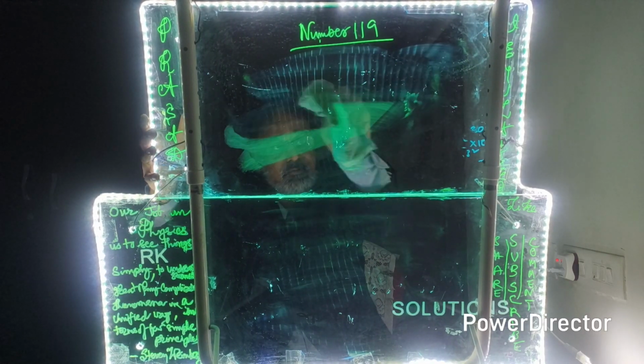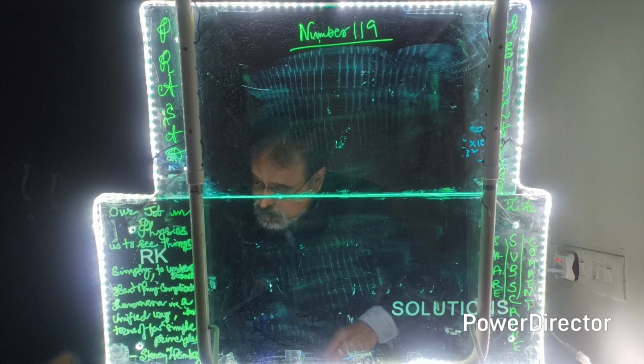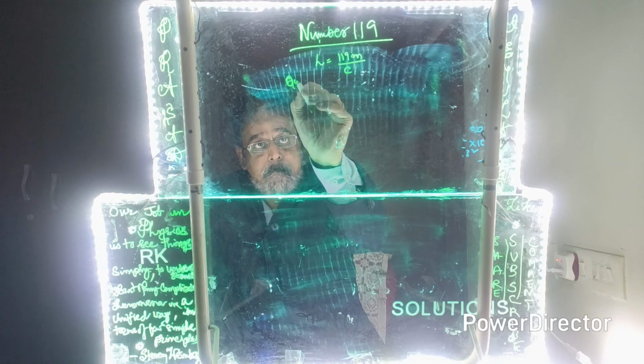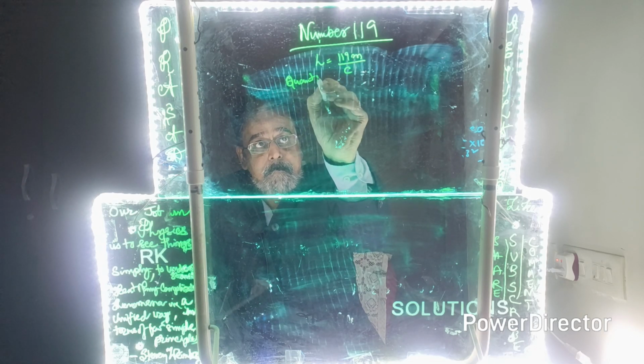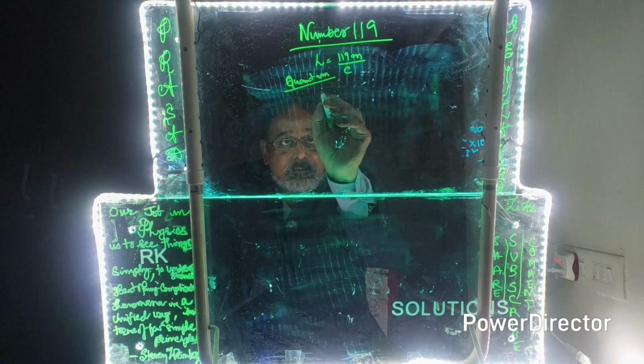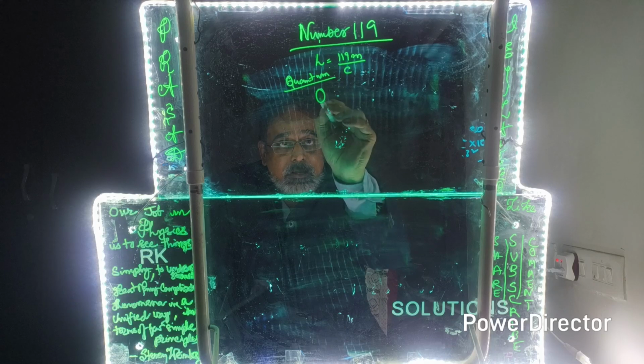Of course, you all know the importance of Planck's constant. Planck's constant is the one which gives me h equal to 119 in my terms, as I will explain. Planck's constant itself is called the quantum.